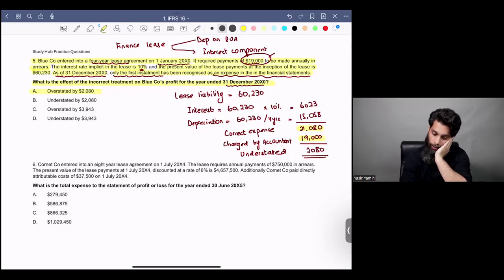So is this correct? Okay, Mohammed is trying to say something. And every time Mohammed says something, there is something good coming on. Anan, I'll come back to you. Give me a second.